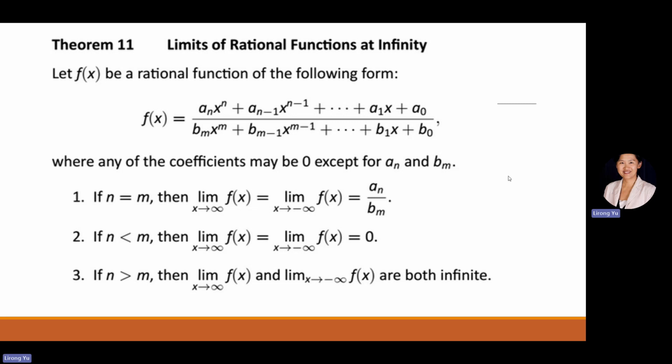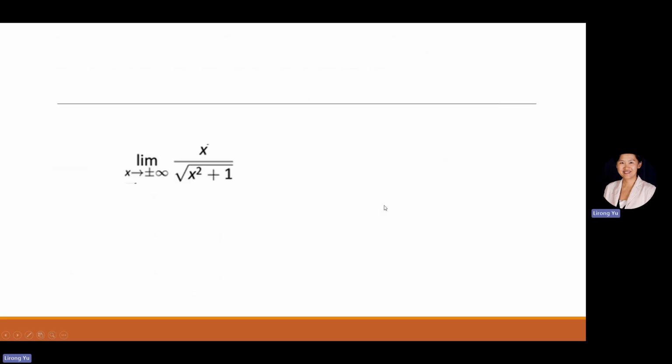Any questions? So this is giving us a systematic way to determine the horizontal asymptotes. For example, this one. If we want to know the limit of this function, we would look at the degree. Right? So what's the degree? The limit of x over the root of x squared plus 1.